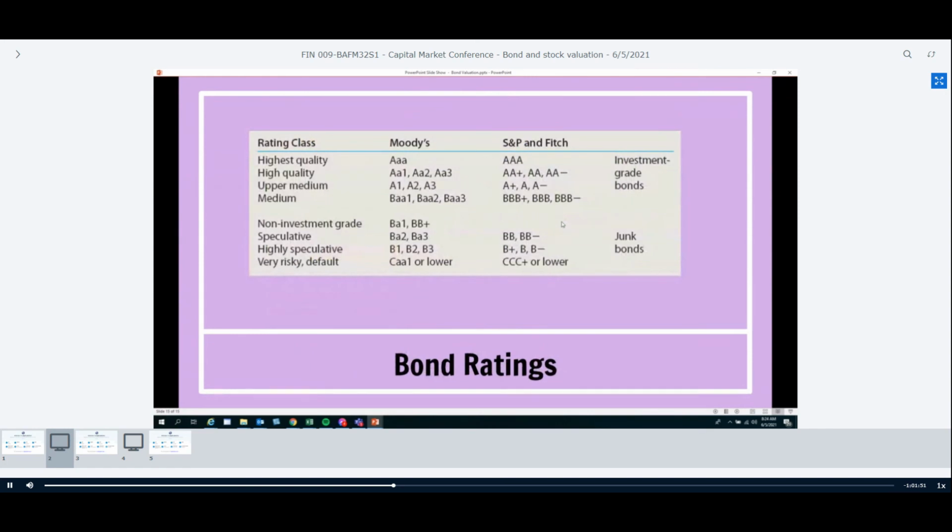Okay? So, bond ratings, class, I'm sure you always hear this, especially in the news right now. Pre-pandemic, the Philippines' ratings were upgraded, no? It's the same when we hear about these agencies.